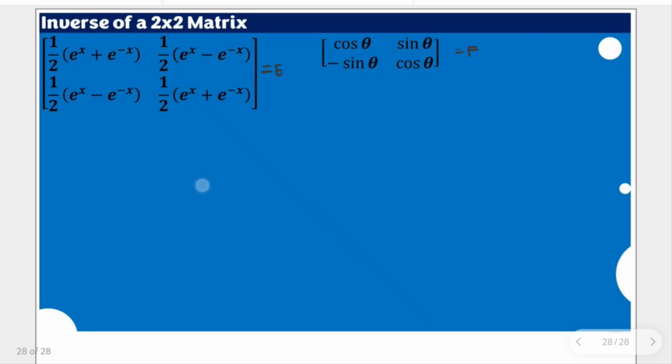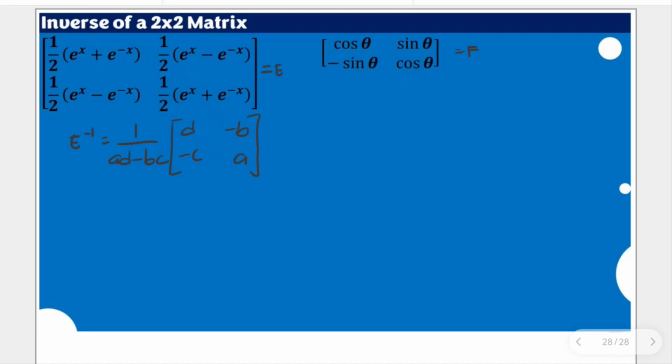Just like this one, the inverse of matrix E is 1 over AD minus BC times this one: D, A, negative B, and negative C, in this manner.